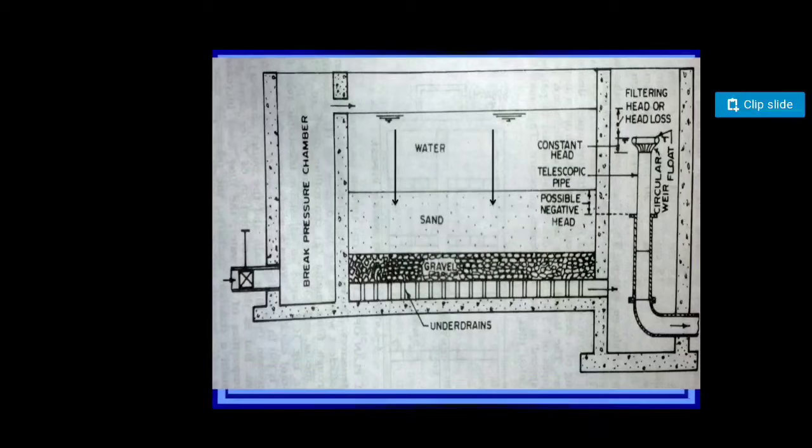The size of the sand allows only material which is smaller than the pores to percolate through it, and the rest of the suspended solids, which are larger than the size of the pores, will be retained over it, and a layer of suspended material will start forming over it, right?